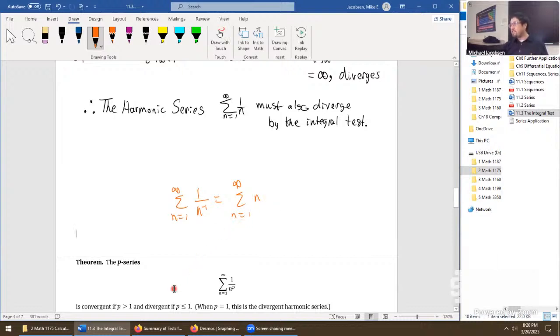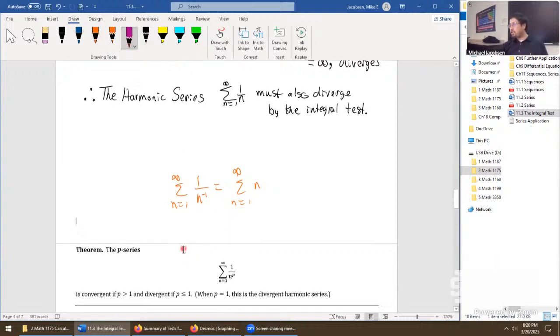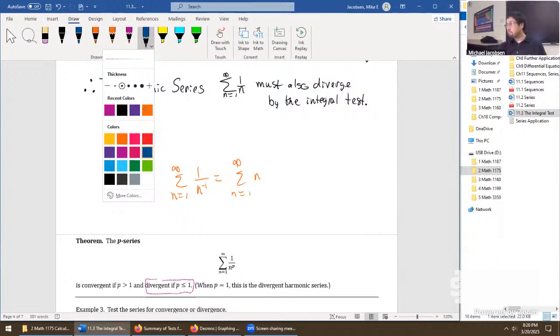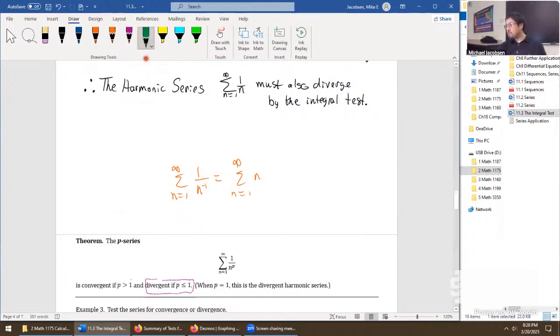So that's where this starts to make sense. In the P-series test, we have divergence exactly at power 1, that's our harmonic series, and for all powers less than 1, including the negative ones like we considered right here. Divergent always in that case. And then we have convergence so long as the power is positive, greater than 1 specifically.